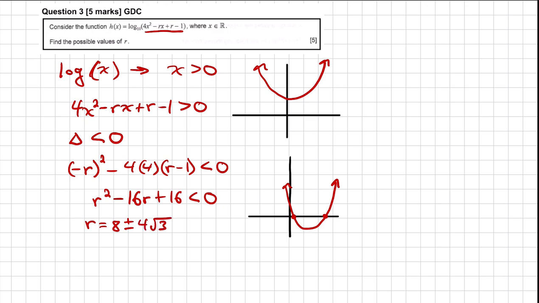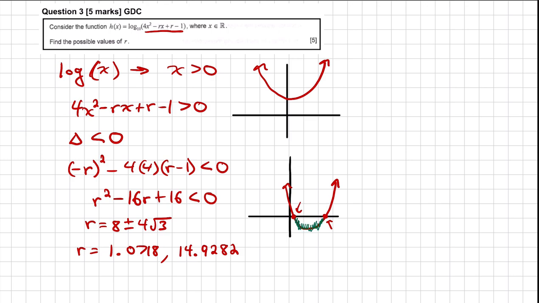Or if you were to use your GDC, you would find that those axis intercepts would be r equals 1.0718 and r also equals 14.9282. So those are our 2 points here and here. Now we're concerned with where this quadratic is below the x-axis, so I want all of these values here.